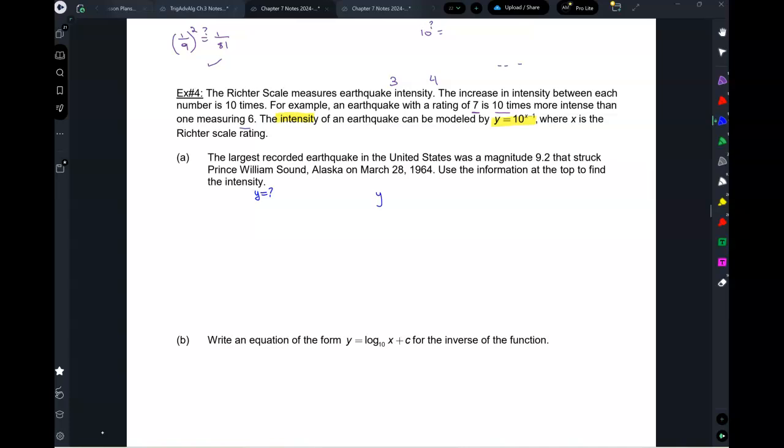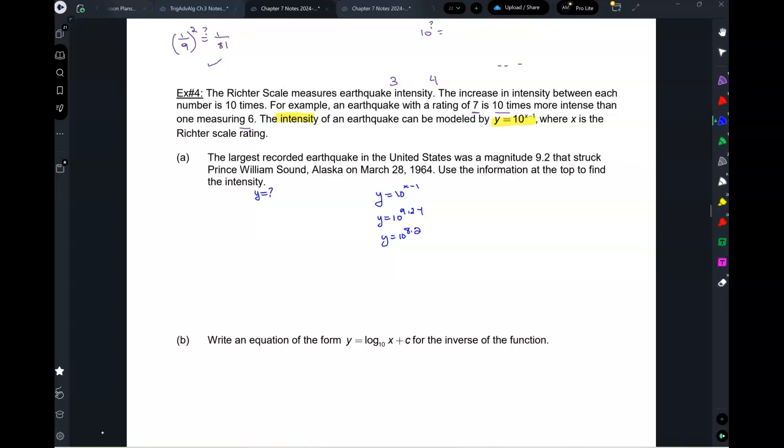Okay, we are given the equation y equals 10 to the power of x minus 1. x is the Richter scale rating. That's the 9.2. So y is equal to 10 to the power of 9.2 minus 1. That's 10 to the power of 8.2.